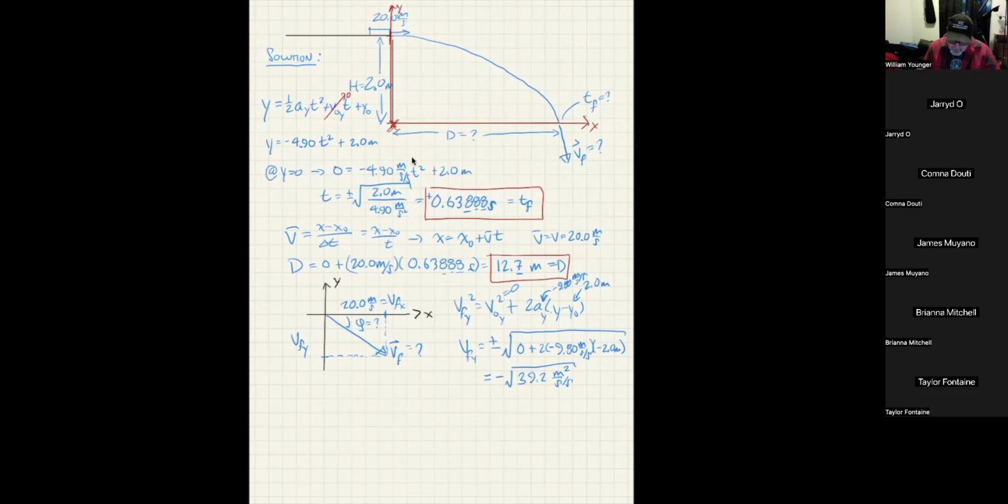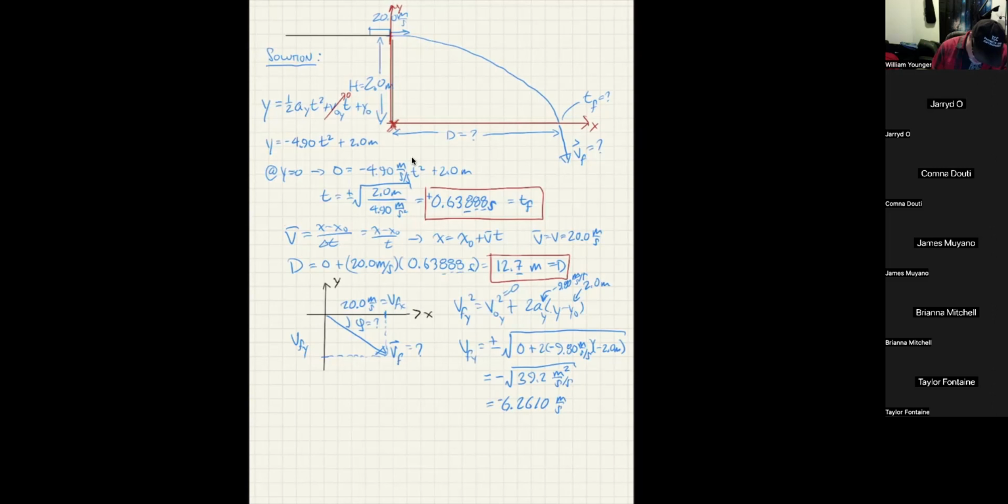So this is a good time to realize it's meters squared per second squared, because when you take the square root of it, it gives you exactly what you want, a negative meters per second. So I take the square root of this, and I get 6.2610. Now that's meters per second, and that's in the downward direction.